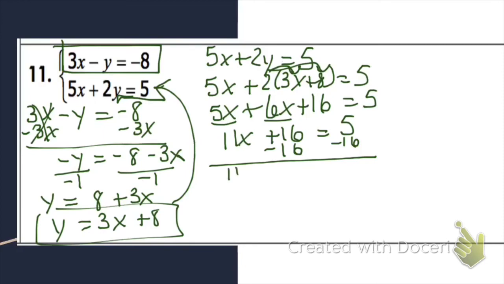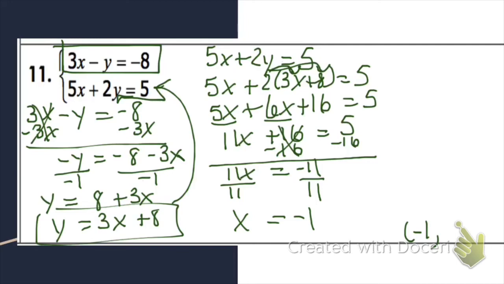And I'm left with 11x, this cancels out, equals 5 minus 16, which is negative 11. Now I'm going to divide by 11, and I get x equals negative 1. So my first coordinate I know is negative 1. Where my two lines are going to intersect, the x value is going to be negative 1.